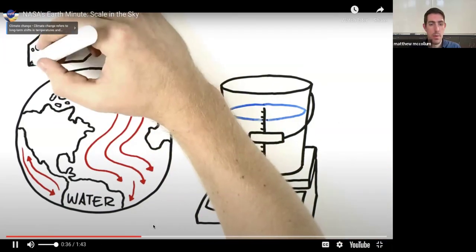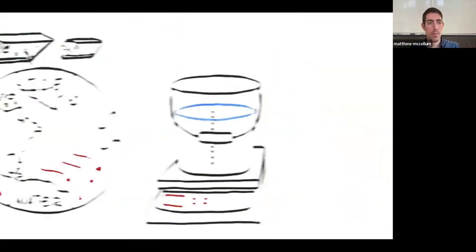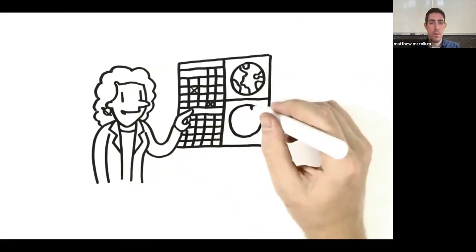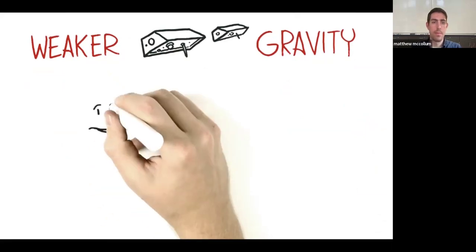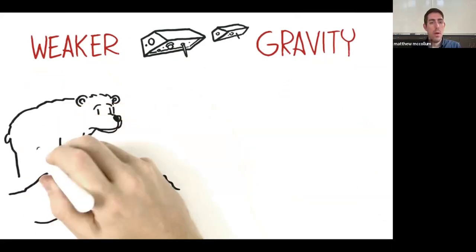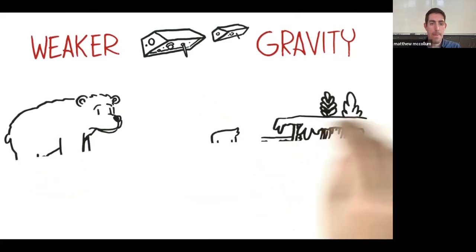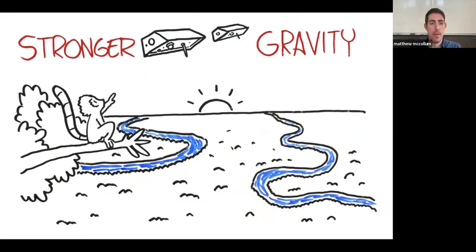Using satellites, NASA can measure Earth's gravity like a scale in the sky. By comparing one month to the next, we can track where the water and ice is going. Weaker gravity means there's less water in that spot. This can tell us where a glacier is melting or a severe drought is drying up lakes. And stronger gravity? More water, such as in the rainforest in the Amazon.